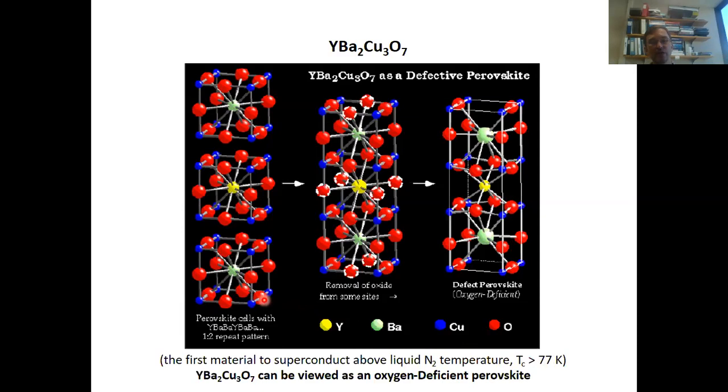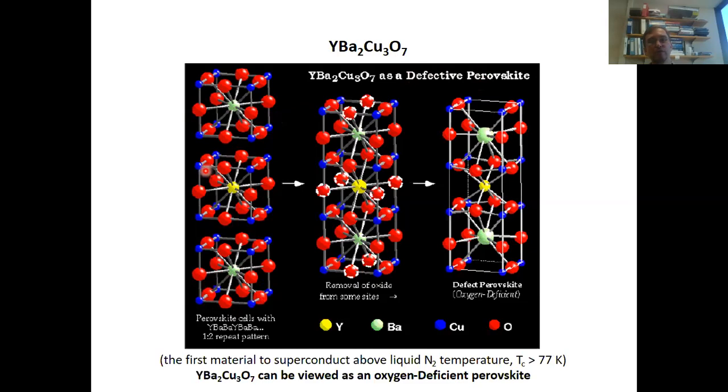All right, so now let us look more closely at the respective material, which has the composition yttrium, barium-2, Cu3O7. This structure can be considered to be a defect perovskite. Again, it can be conceived as a condensation of 3 perovskite substructures.